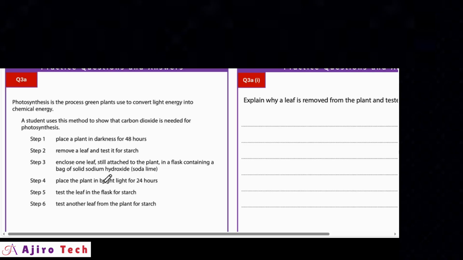So the reason why we are placing the plant in darkness is to discharge every starch that has been produced in that plant, because we want to embark on a particular investigation.